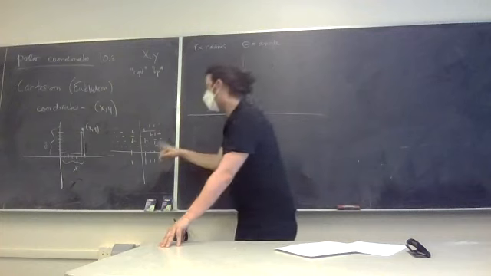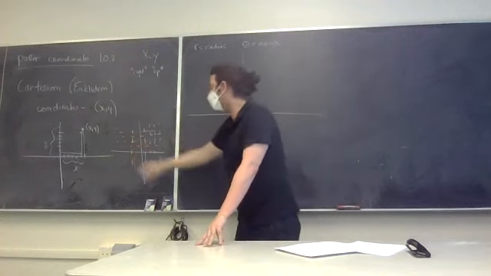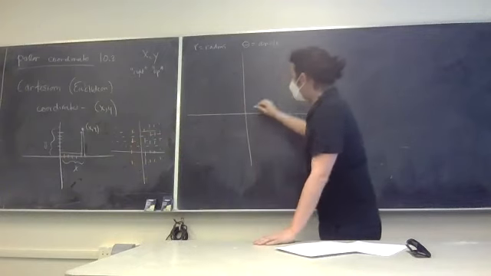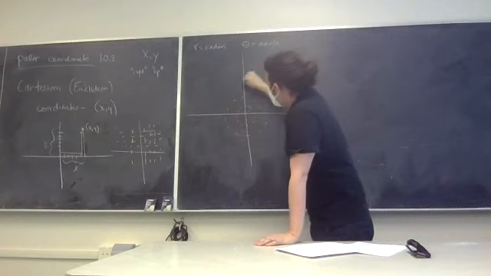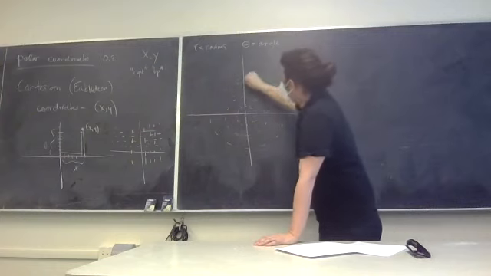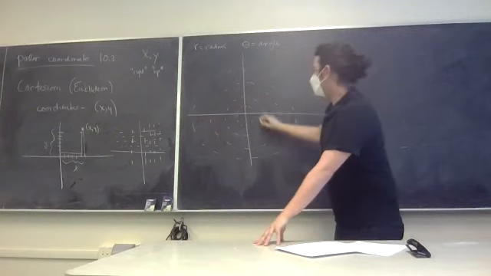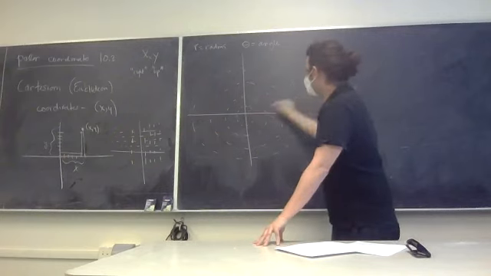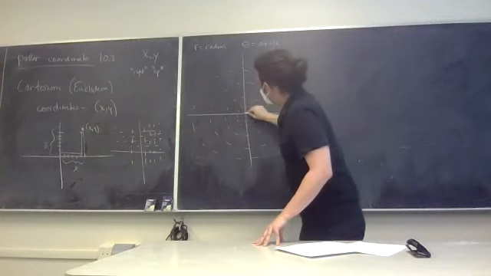Instead of locating a point by how far to the left or right we go and how far up or down we go, we're going to think about a graph that looks like this. The space is chopped up into a bunch of concentric circles that measure different radii. And then there are rays that go through it that correspond to different angles.